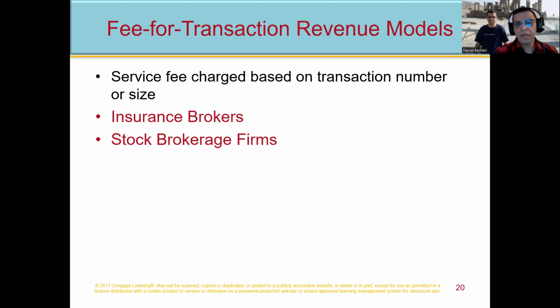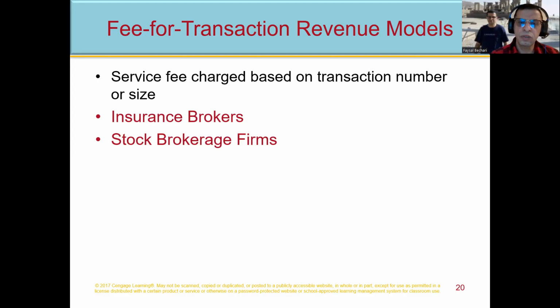Fee-for-transaction revenue models. We have a lot of MVAS. They need some kind of payment, and we see that they take a fee.